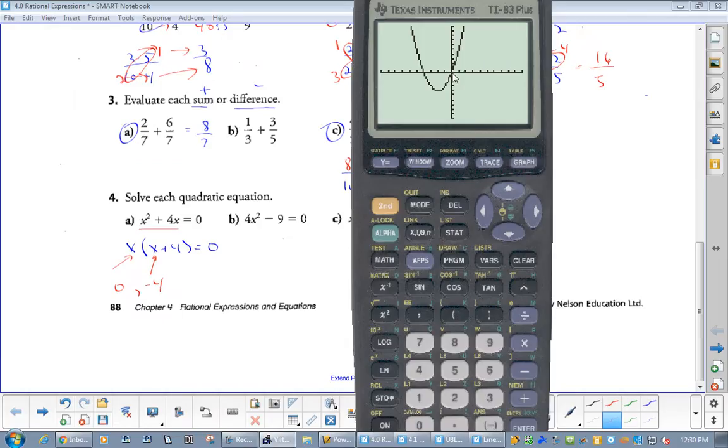Now, the way you do it though, because y1 is the left side, y2 make equal 0, hit graph. You won't see it, but it just drew it. And then you go second, trace, 5. Enter, enter, enter. It'll give that one. Second, trace 5. Get the spider over there. Enter, enter, enter. Okay. So you can always solve those on your calculator.